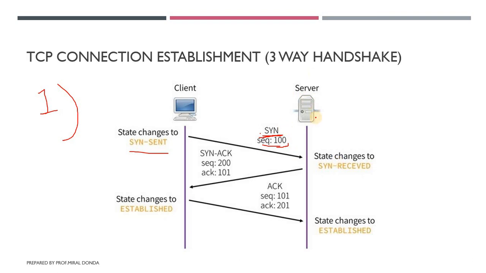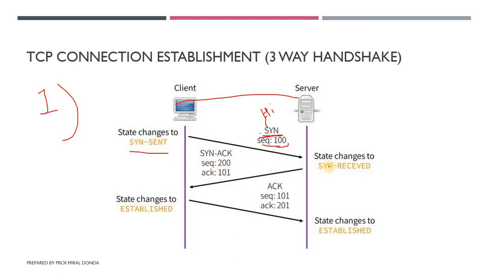Now at the server side, that sync message is received by the server. You can assume that this sync message contains a hi message. So at the server side the message was received, and that is why the state is changed to SYN received. Now if the server wants to communicate with that client, then the server also sends one message.